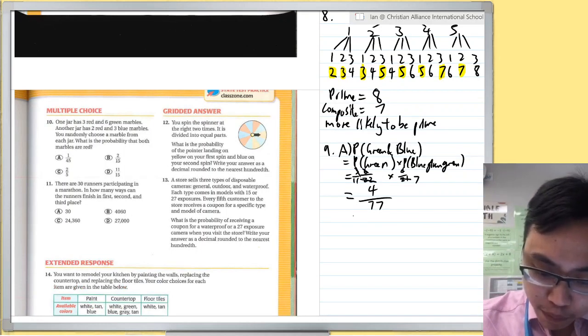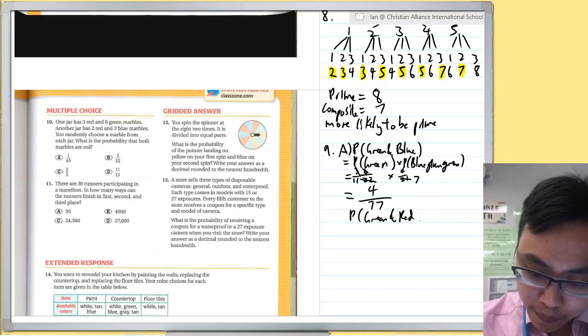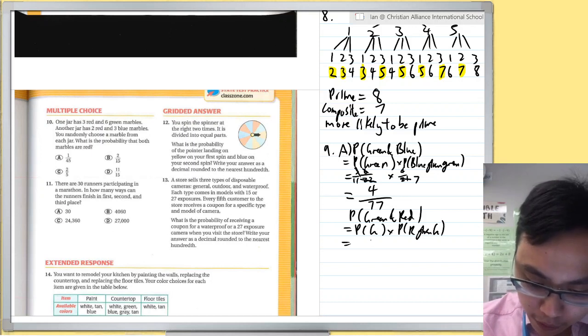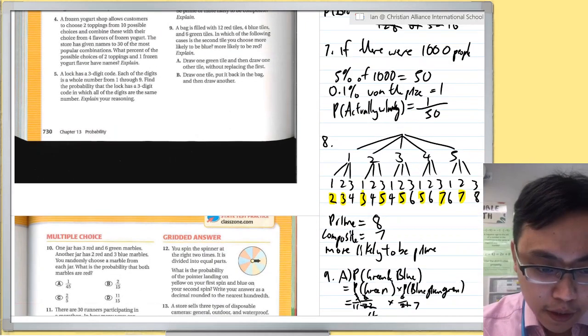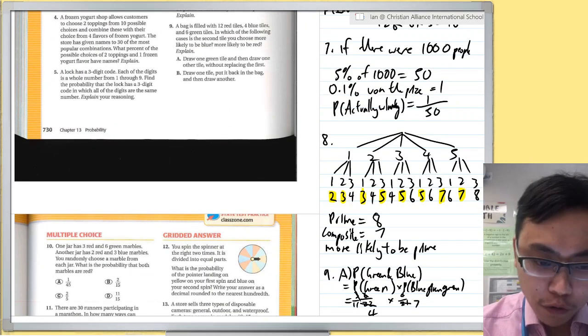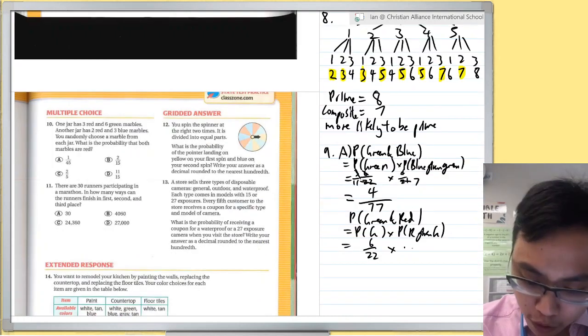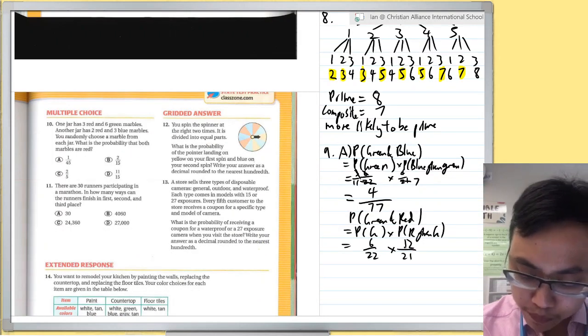And then we want to find the probability of green and red. That will be the probability of green times the probability of red given green, which will again be 6 out of 22, multiplied by the number of red, 12 red tiles, so 12 out of 21.